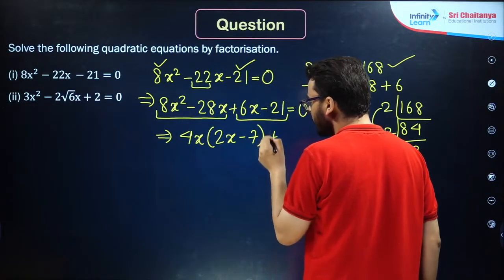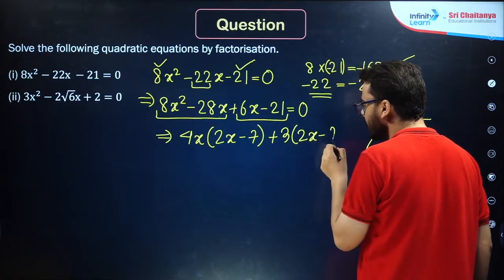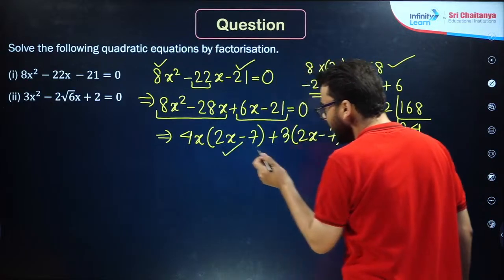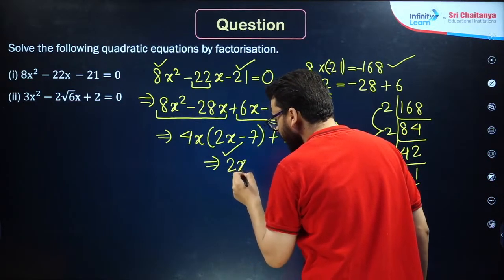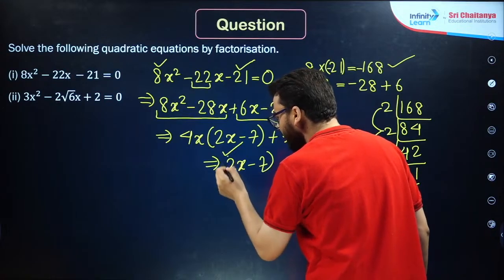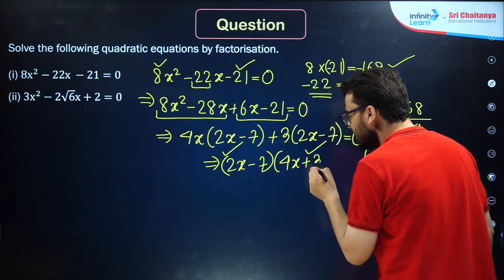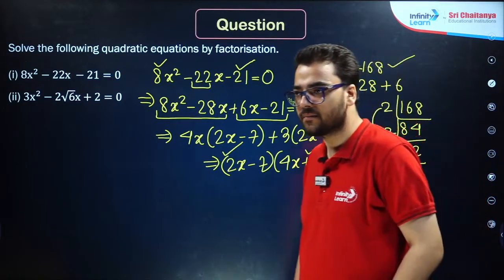Out of the second group, 3 can be taken as common, so 2x minus 7 will be left. And that is equal to 0. Now out of this whole expression, we can take 2x minus 7 as common, and we will be left with 4x plus 3. So you see, these are the two factors of the quadratic expression on the left hand side.